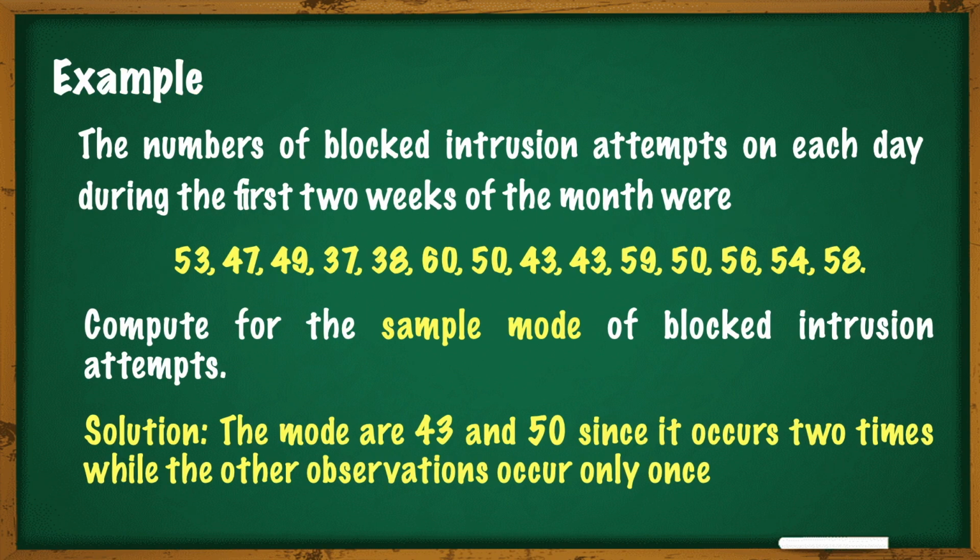For example, the numbers of block intrusion attempts for the first 2 weeks of the month. So the sample mode of the block intrusion attempts would be 43 and 50, since each occurs 2 times while the other observations occur only once.